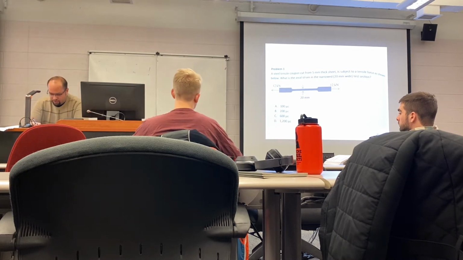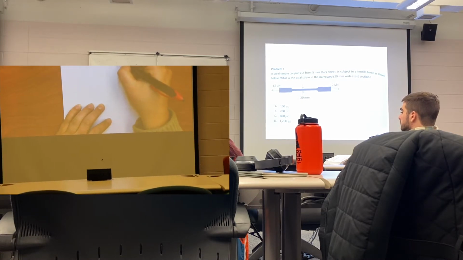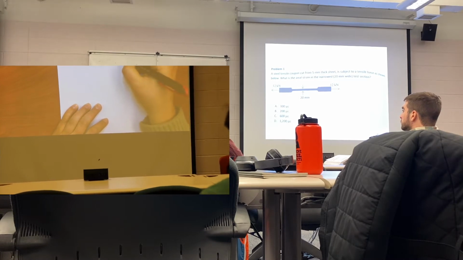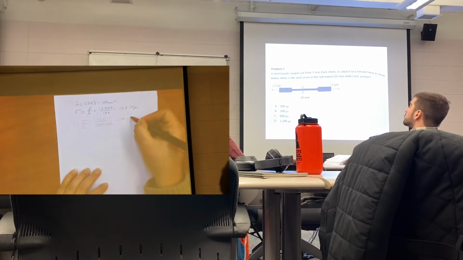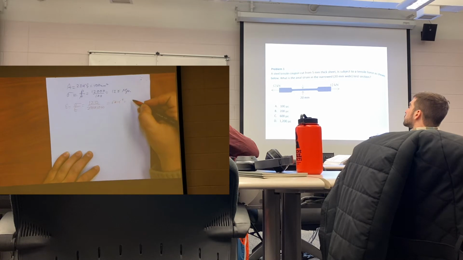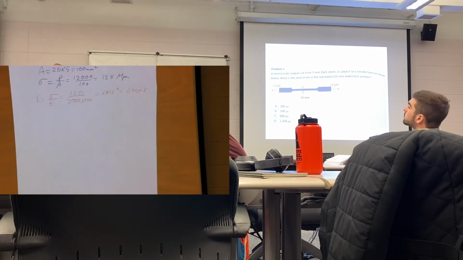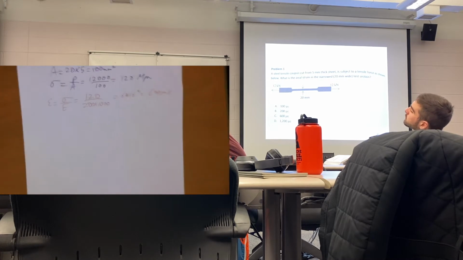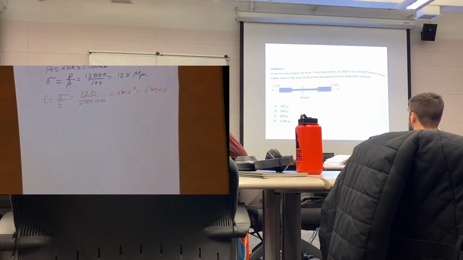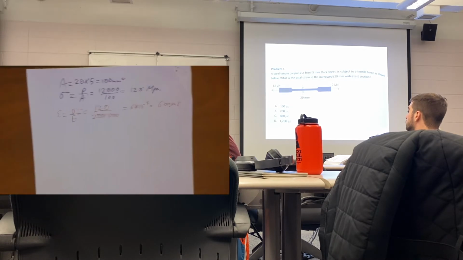And your epsilon is sigma over E. So 120 over 200,000 is going to give you 6 times 10 to the power negative 4, or 600 micro epsilon. Micro is multiplied by 10 to the power 6, divided by, a micro is 1 over 10 to the power 6 of the actual strain.